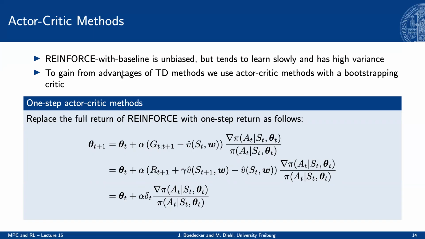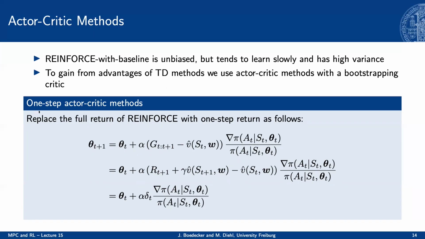So REINFORCE with baseline is unbiased, but tends to learn slowly and still has high variance. We can reduce the effects of the variance by not doing these Monte Carlo rollouts, but rather taking just one step in the TD form and then bootstrapping with a value function estimate.